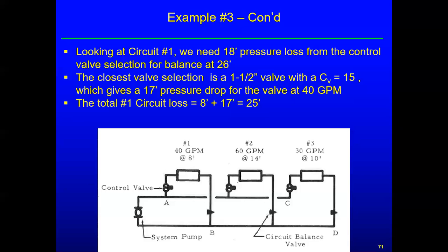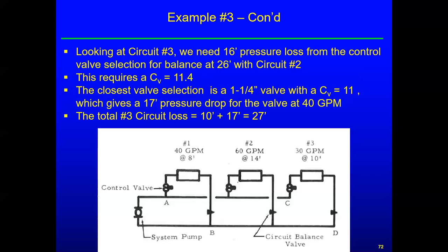And for zone number 3, we go through a similar situation. We need 16 because we were 10, and we're shooting for 26. This requires 11.4. In this case, he has selected an 11, which is going to increase the drop. This is what happens if you go down on this selection, but it's pretty darn close. So the guy doing this went ahead and went down a little bit.